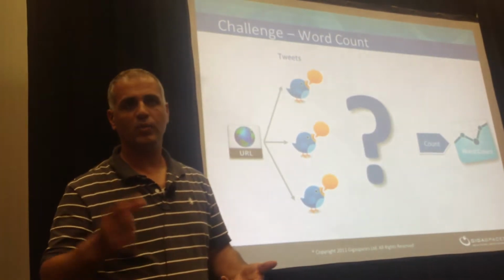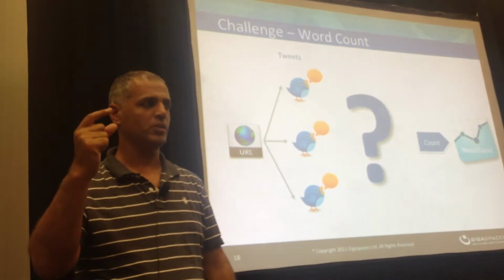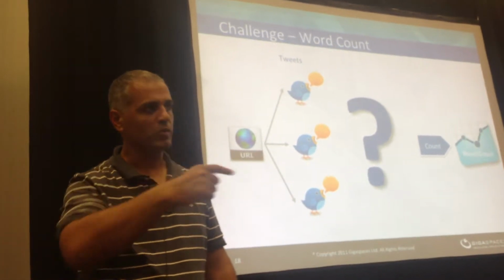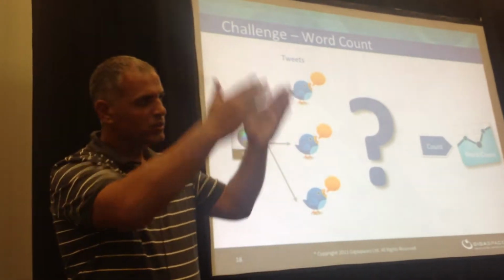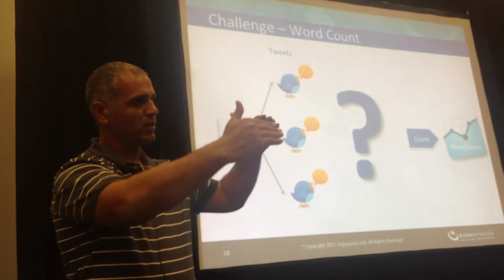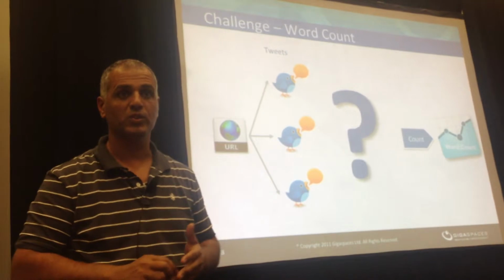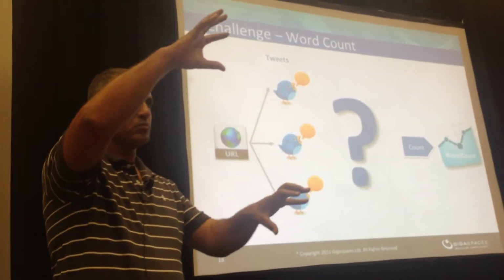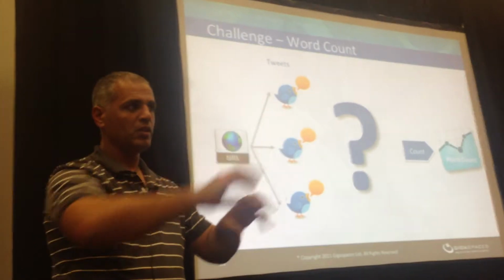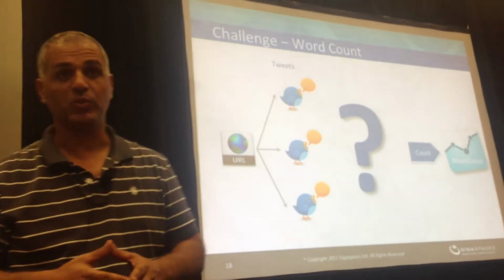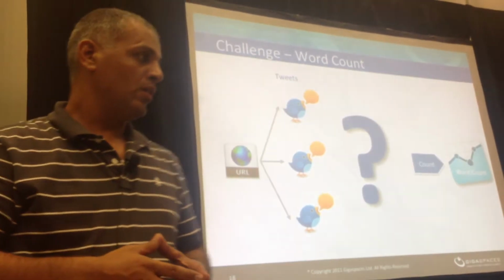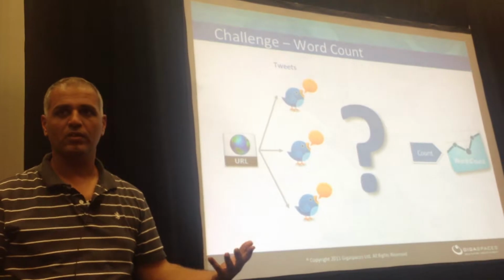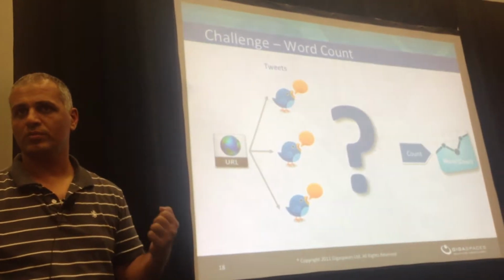Now I want to say how many times the word Nati was there, how many times the word Dwayne was there, how many times other words were there, and have a list of key values of words and the number of times each word appeared. Then I can have this nice graph of bigger words and smaller words that weights the actual appearance of that word. So let's take that problem and see how we program it or think about it in an event-driven fashion. How would you do that?